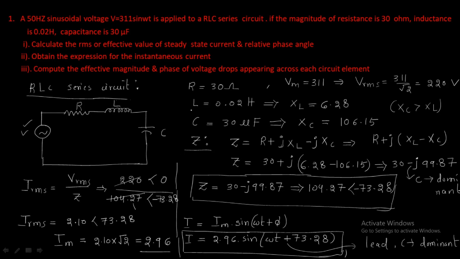Next, we will find each and every drop. Every drop means the voltage drop across the resistor, the second is the voltage drop across the inductor, and the third is the voltage drop across the capacitor. For that we first require the current value, 2.10 at an angle of 73.28.